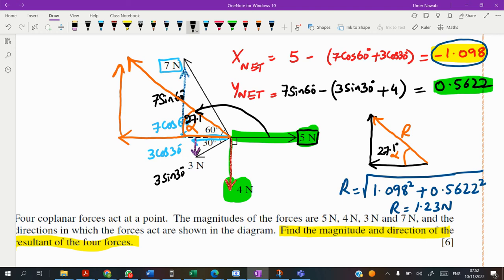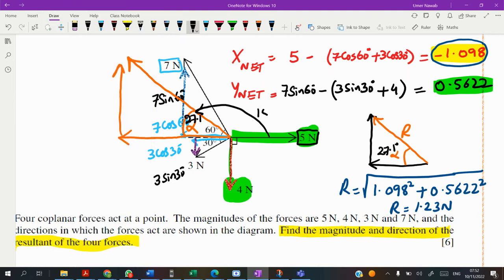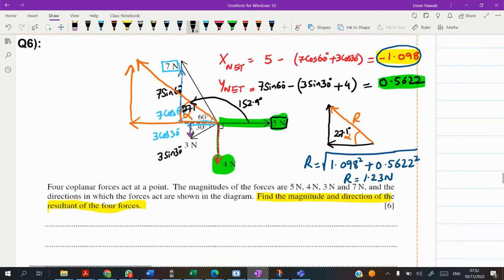Since there is no force acting in this direction, I need this angle which my resultant is making with the 5 Newton force. So 180 minus 27.1 gives me 152.9. It is making anti-clockwise with the 5 Newton force.